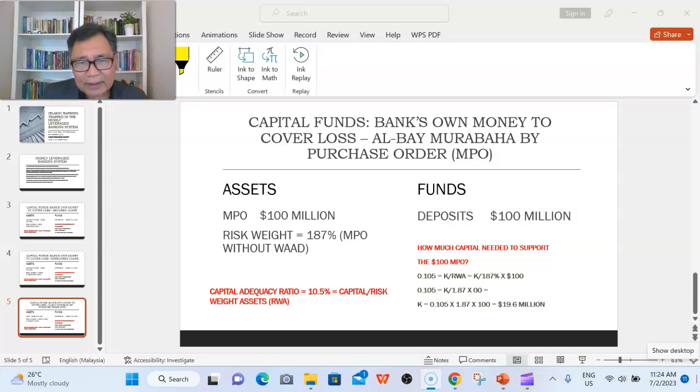And we can see that under the market risk chapter, there is a guideline to indicate how much capital charge is needed to do MPO. So let us see here.